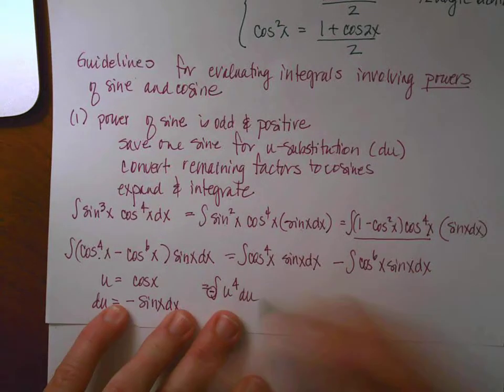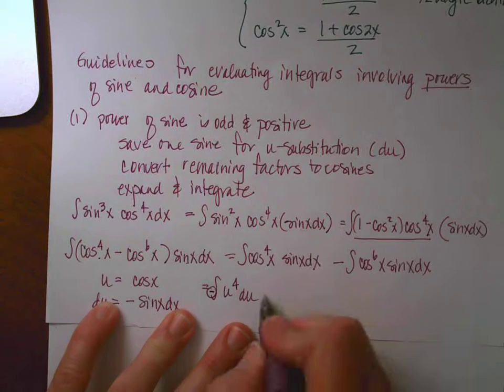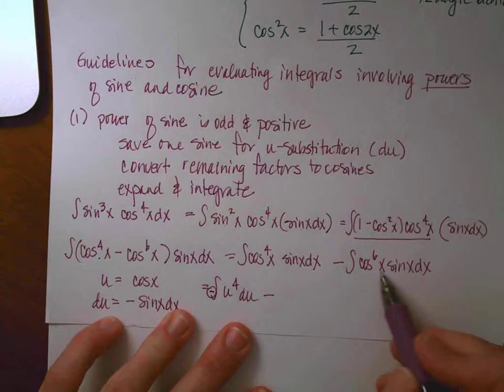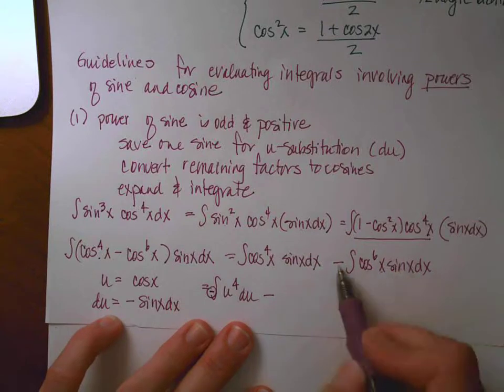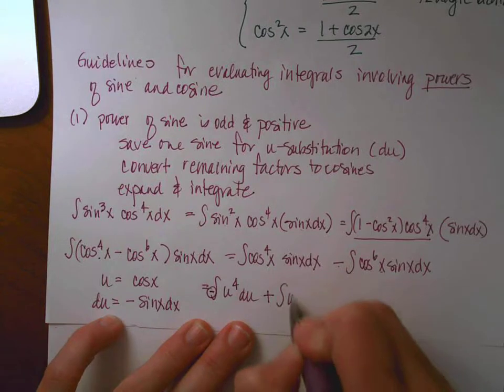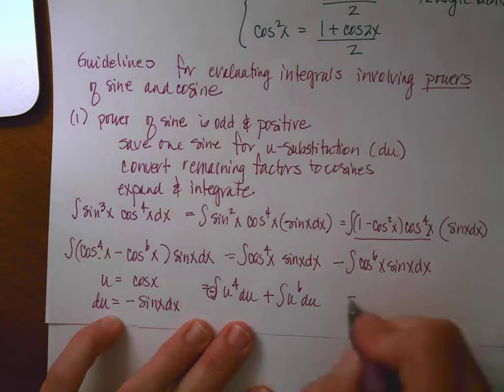I'll circle him so we don't lose him. du. Right, because du is the sine of x dx, and then minus, same thing happens over here. If I let u equal the cosine of x, du is a negative sine of x, so I need to introduce a negative, which makes this guy positive, and then I have the integral of u to the sixth du.